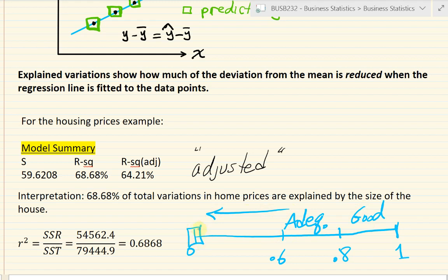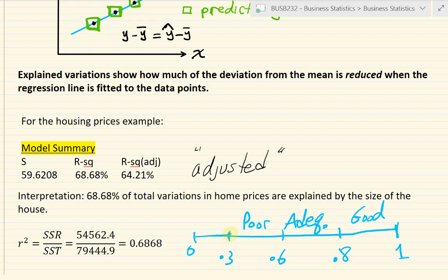You don't have a good model. So we go from good to adequate to poor and so on. Anything between 0.3 and 0.6 is a poor model, and R squared between 0 and 0.3, call it very poor, not good at all.